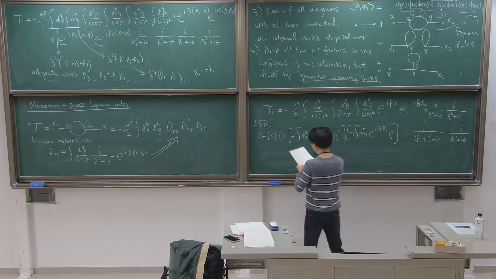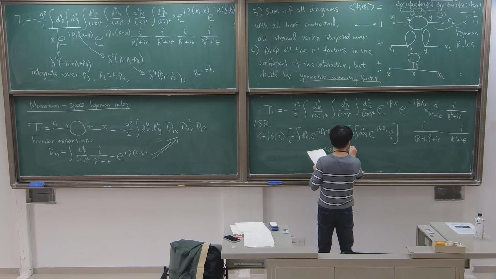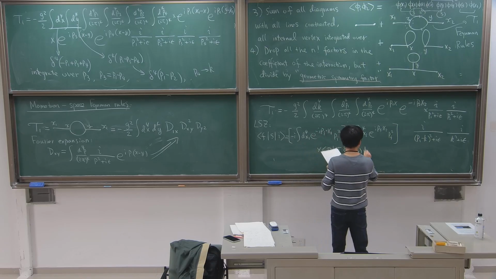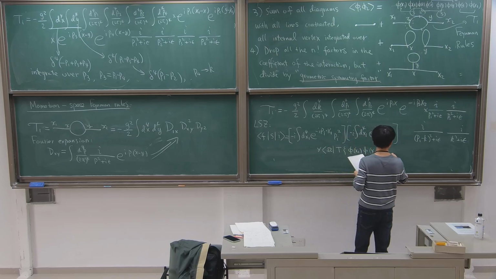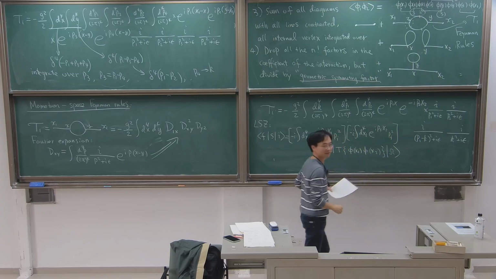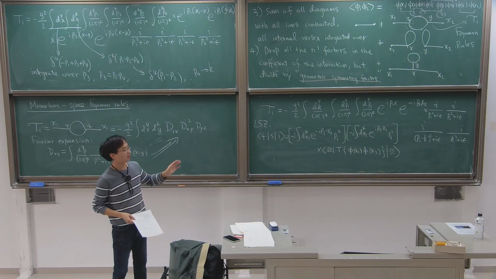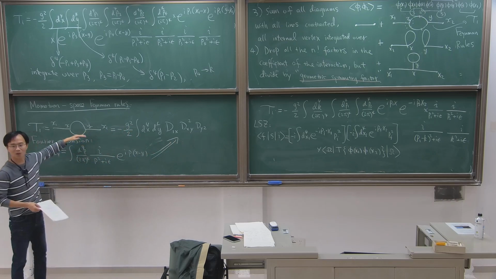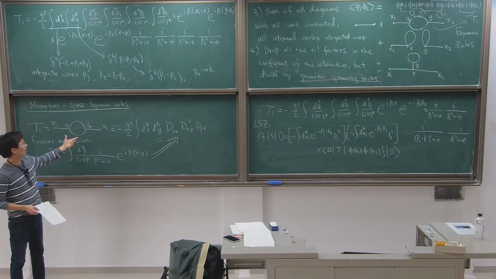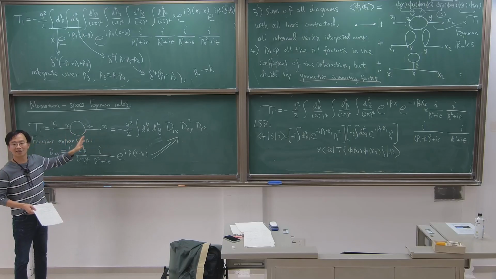Now times the time ordered correlation function for the interacting theory. This is the LSZ, okay? I simplify the LSZ a little bit, because now I only want to deal with such a super simple diagram. As you can see, there are only two external points, x1 and x2.